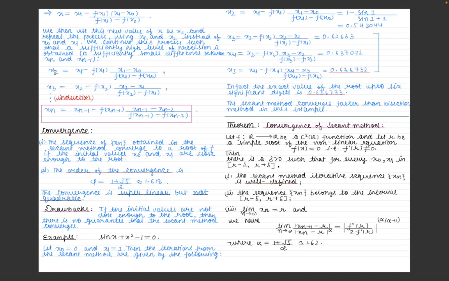Moreover, the order of the convergence, we know what we mean by the order of convergence, we have discussed it in the previous session. The order of the convergence for this method is phi, which is the golden ratio, and it is equal to 1.618 something.